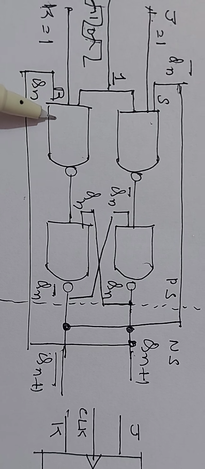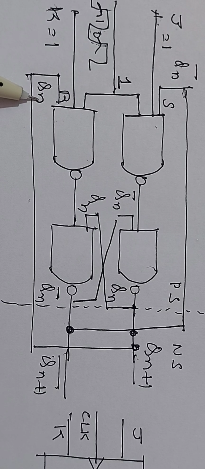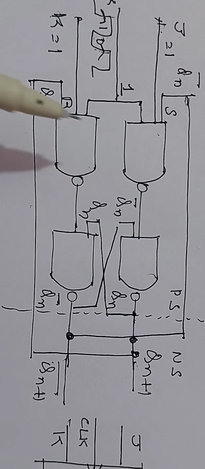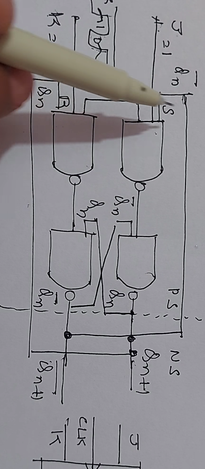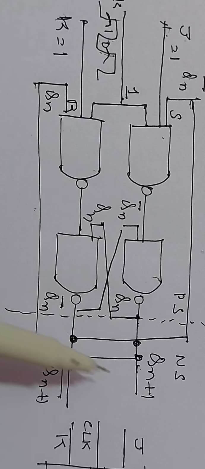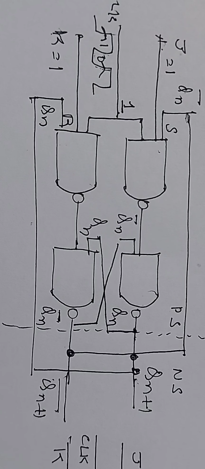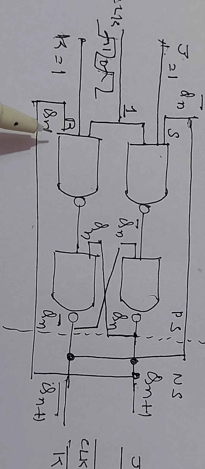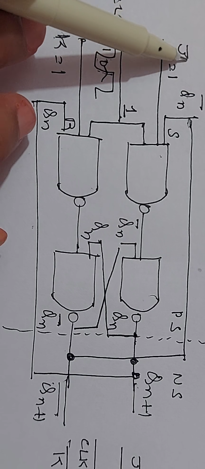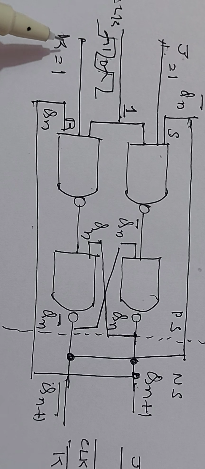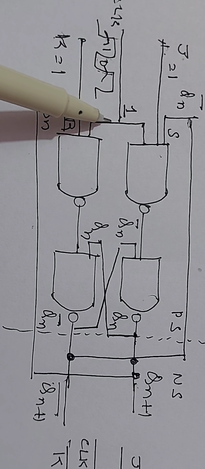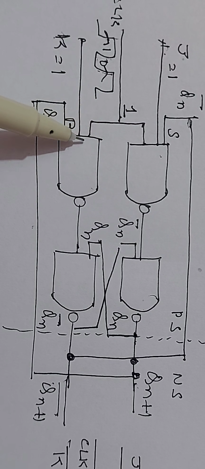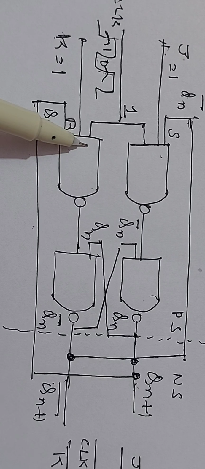Therefore, the input of this gate is Qn. Input of this is Qn bar, input of this is Qn. These are derived from the feedback from the output. Now, this SR flip-flop is changed into a JK flip-flop. So, the JK flip-flop has two inputs J and K along with the third input, the clock input. This clock input is applied simultaneously to both the input NAND gates.